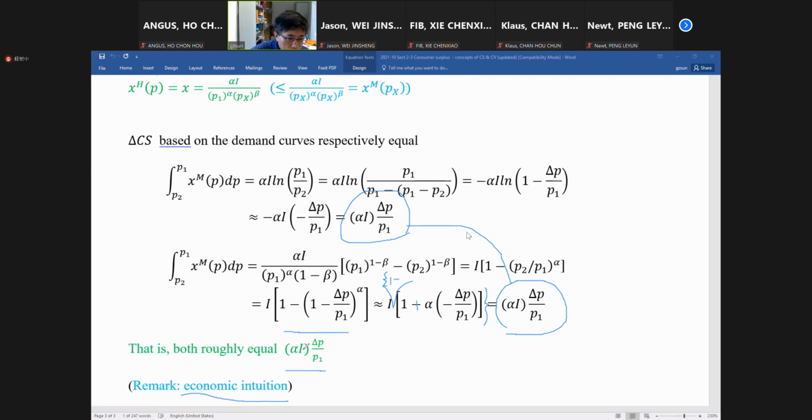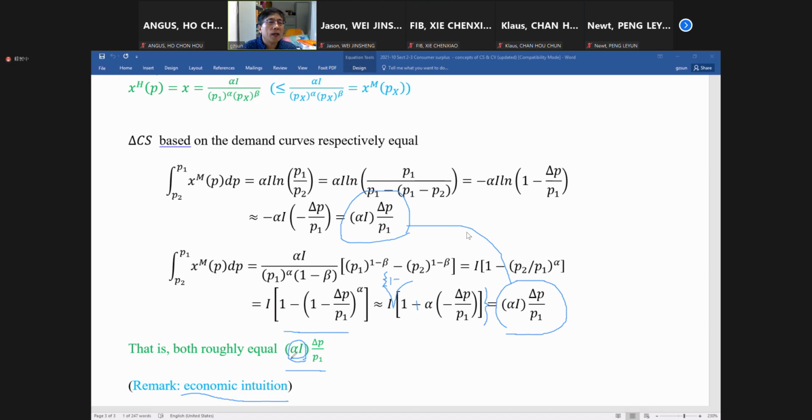Why? Economic intuition must be leading to this result. The idea is, think about this one. Focus on April. We are now talking about the price drop for April. If April becomes cheaper, what's the meaning? The meaning is I spent as a consumer this much money on April, no matter what the price of April is. Whatever the price, given my Cobb-Douglas utility function, I always spend this much money on April.